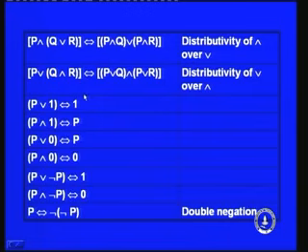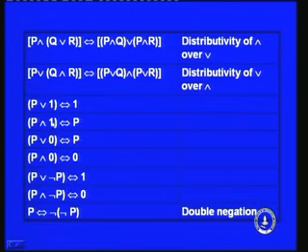Then you have these rules when one of the operands is true or false. P or 1 is always 1. This is a compound statement, but when one of the operands is true, the compound statement is always true, this we know. So, P and 1: if P is true, this will be true, if P is false, this will be false.